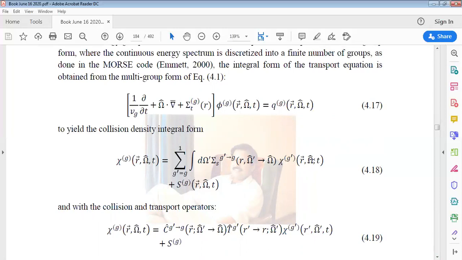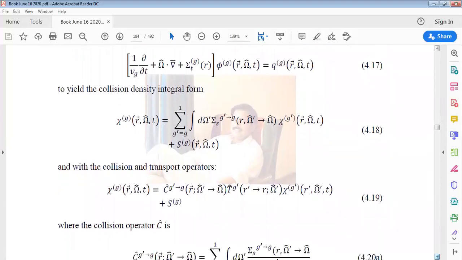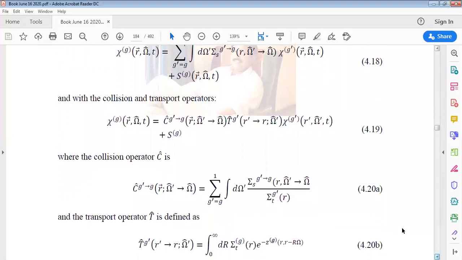Of course, this should have been omega prime, because they're being multiplied by scattering, which is taking them from G prime to G. Our energy of interest is G, and this scattering process is taking them from omega prime to omega. So our phase space of interest is r, omega, in the discretized energy group G. Here is a very neat, compact collision density equation in multi-group form.